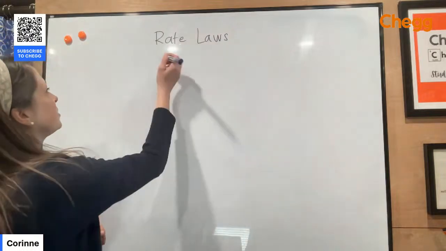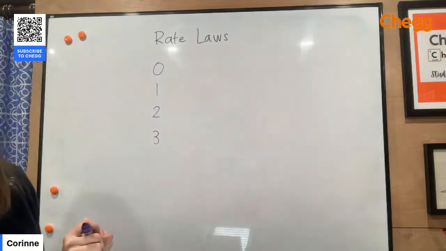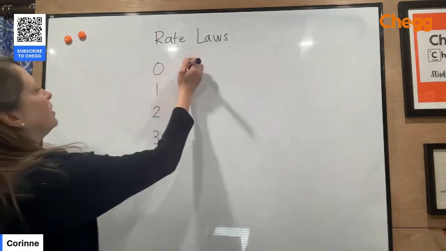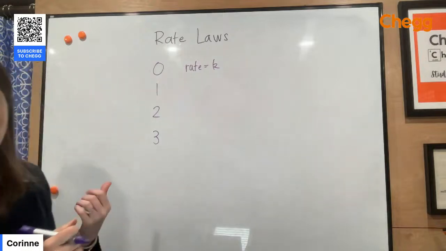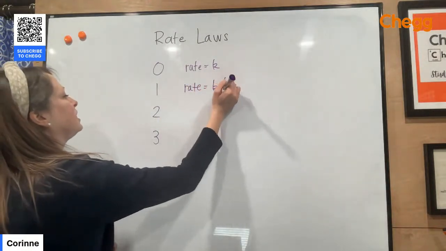All right, so we have zero, first, second. We could do third order, but if something is zeroth order, your rate is just going to be equal to k. If it's first order, the rate is the rate constant times the concentration of whatever reactant it's first order with respect to.